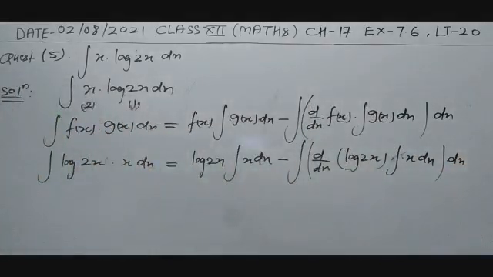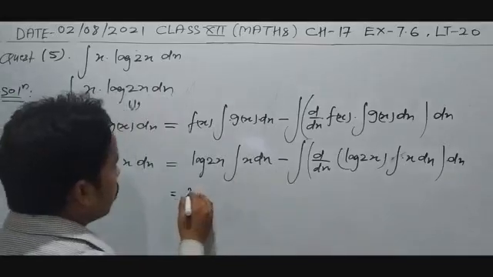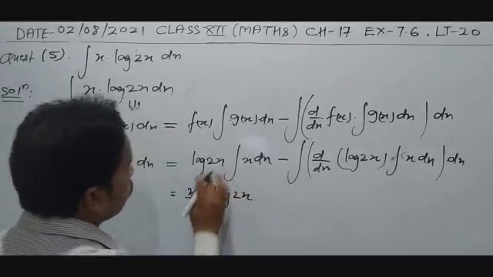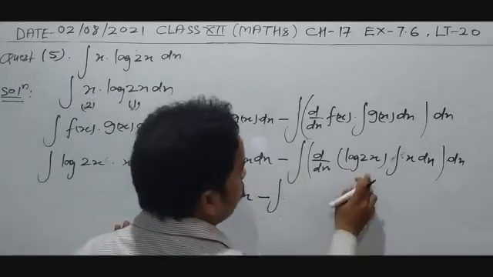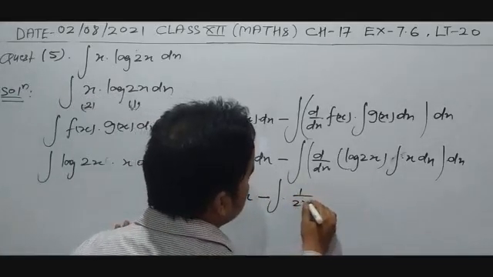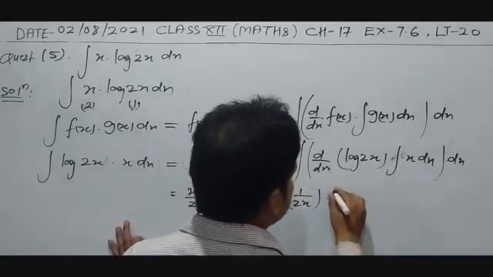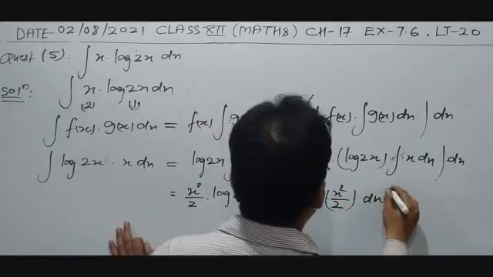This is the format we have to integrate. Now the integration of x dx, you know its result is x square by 2, and this is log of 2x minus integral of d by dx of log of 2x, you know its result is 1 by 2x, and x dx result is x square by 2. Now dx, curly bracket closed.